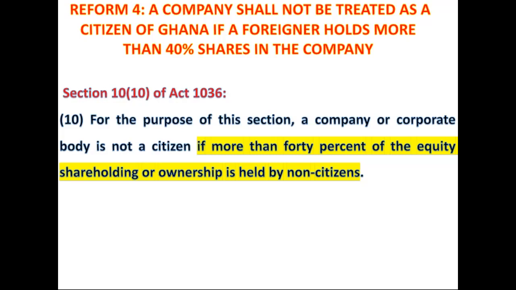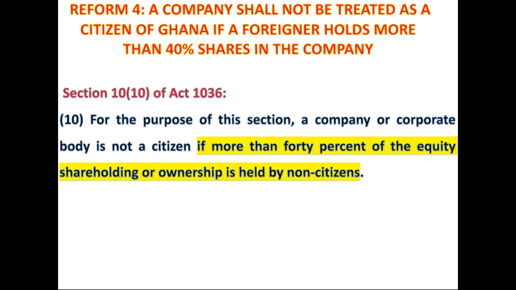So you're a South African, you are from Benin, from Togo, from Nigeria, from America, you are a foreigner, you've come to Ghana, and you are aware of the restriction that you cannot acquire an interest in land beyond 50 years. Because you know this, you form a company, give yourself 51% shares and a Ghanaian 49% shares, and use that to acquire land for 75 years.